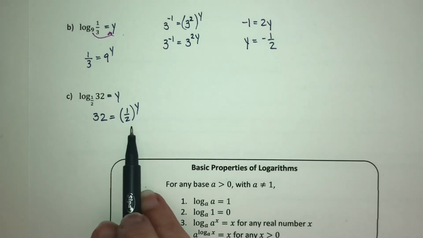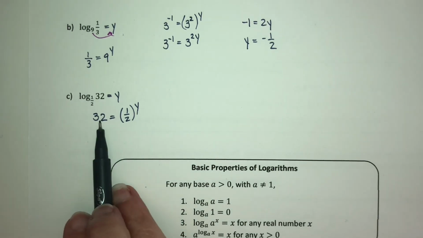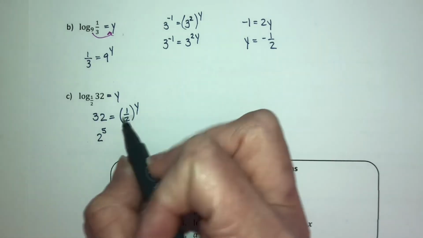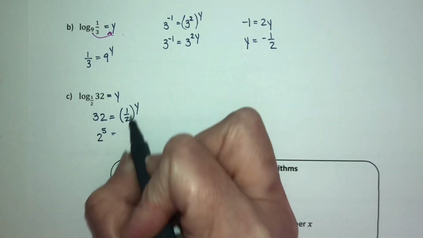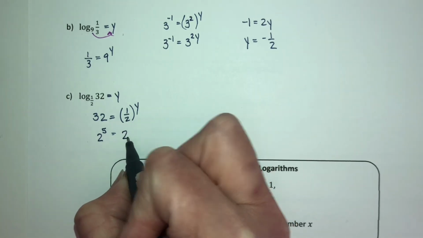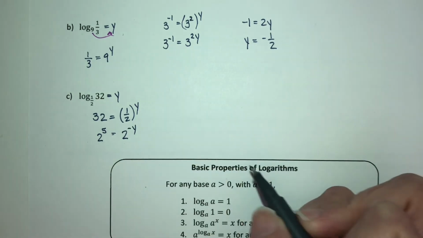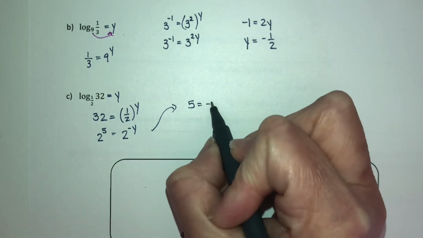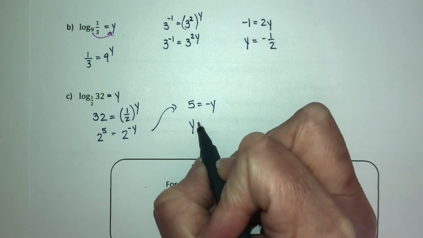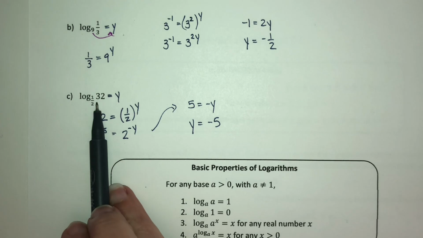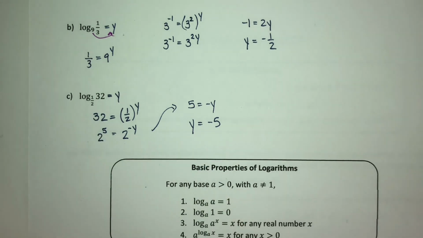Both 32 and 1/2 are powers of 2. 32 is 2 to the 5th power, and 1/2 is 2 to the negative 1. So what I have here is 2 to the negative y. So that means 5 equal to negative y, and your y value is negative 5. So log base 1/2 of 32 is the same thing as negative 5.